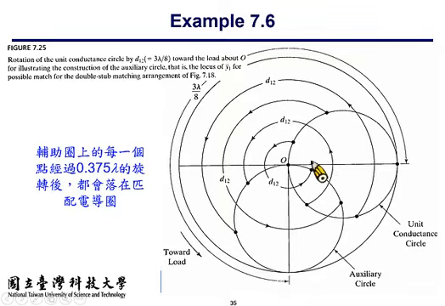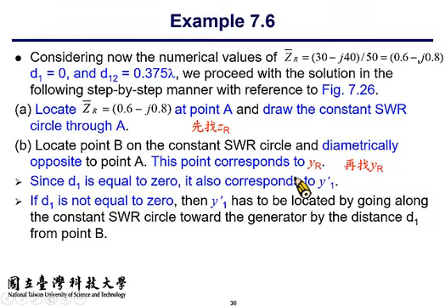You draw the auxiliary circle by rotating the G unit conductance circle by 270 degrees counterclockwise, so every point moves 3/4 of a circle to a new position, and the collection of these new positions forms the auxiliary circle. For example, this point moved 270 degrees will be located here, and this point will be here. So here is the formulation of the auxiliary circle.